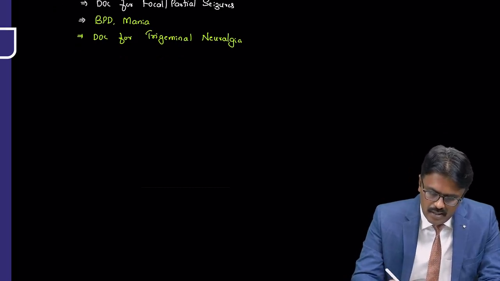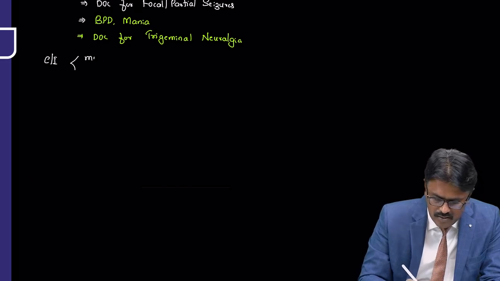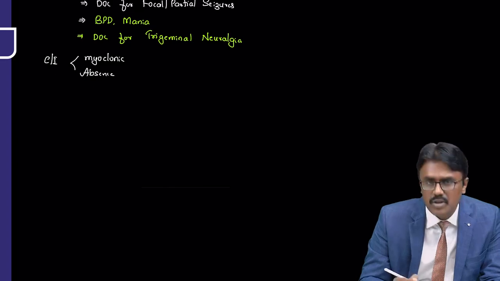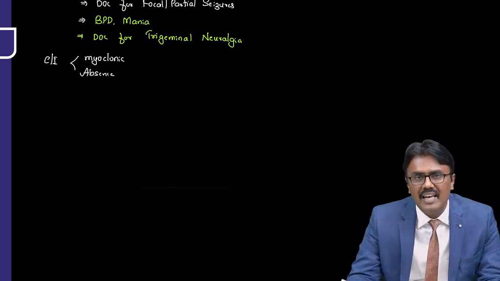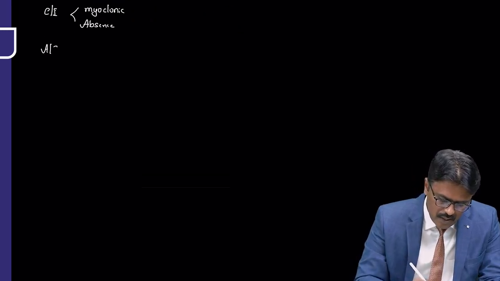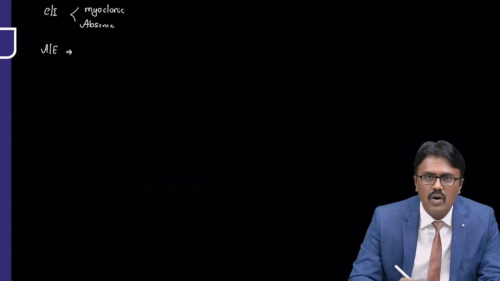Now please understand, it is also contraindicated in 2 important seizures, myoclonic as well as absence seizure. Don't use carbamazepine, it can increase them. What is the adverse effect of carbamazepine? Carbamazepine can cause this adverse effect.